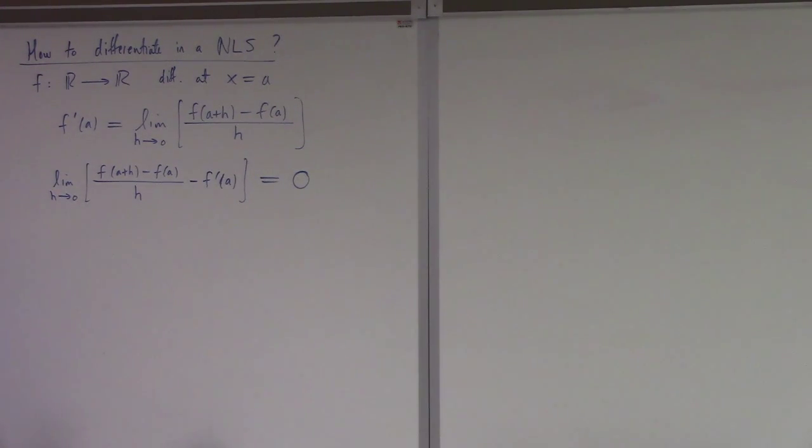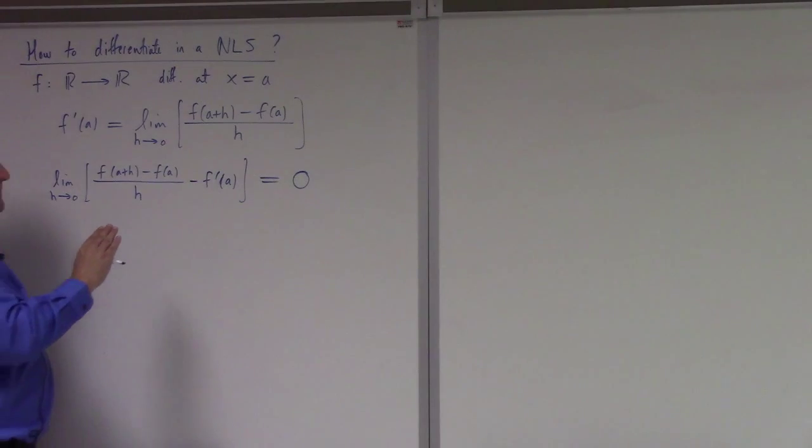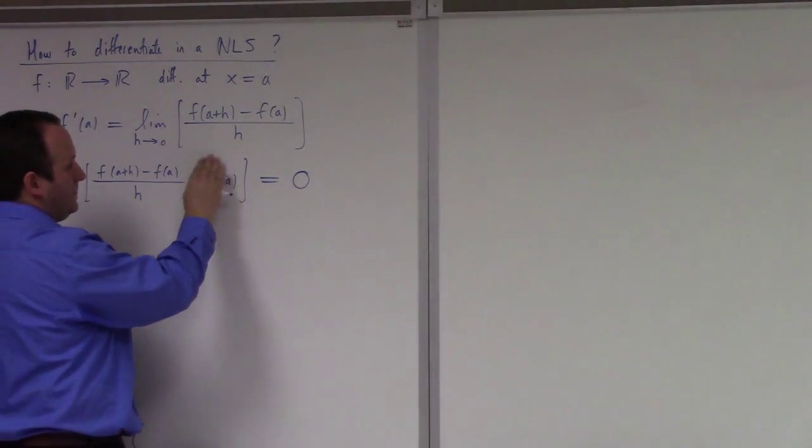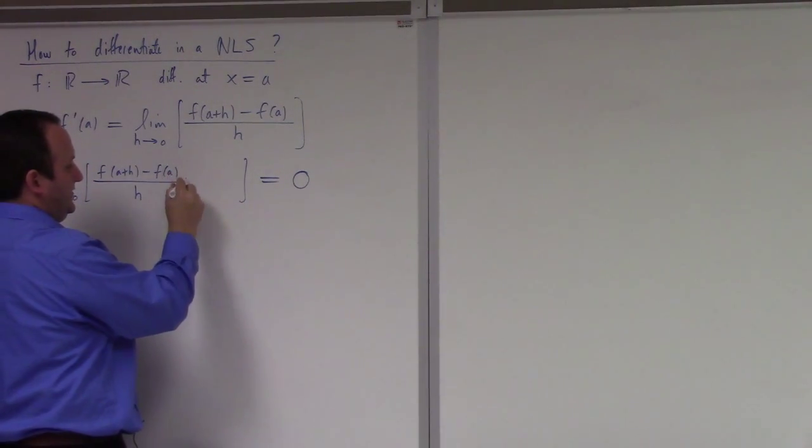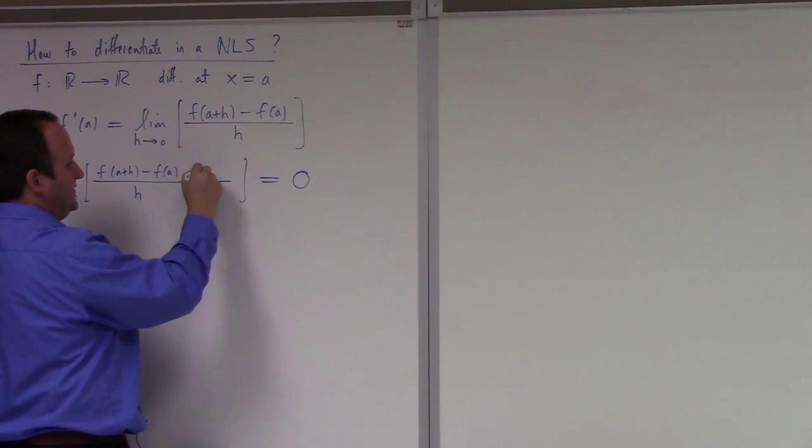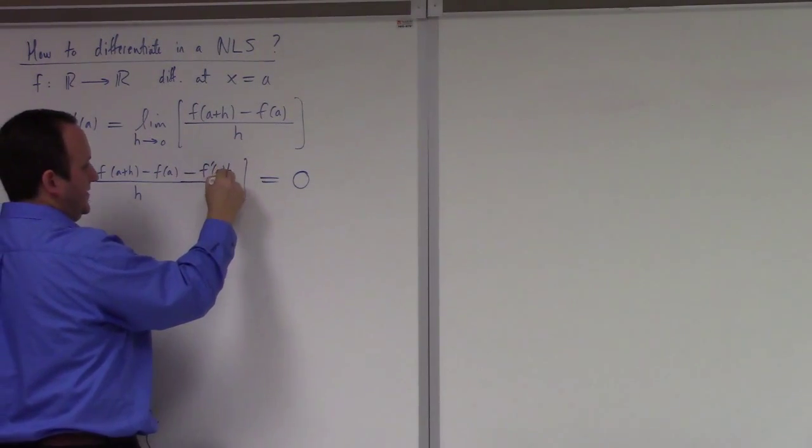Now, I don't want to do too much writing, so that was my first step. Are you with me? Then, to make a common denominator, what do I do? All right, divide by h, so I just do minus f prime of a times h.